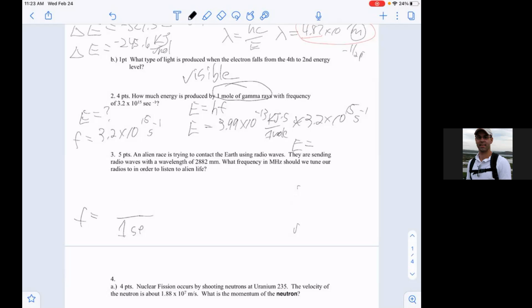Now your seconds are in your denominator. So when something is in the denominator, it's to the negative first. And yes, it is confusing, because it's like, what the heck is an inverse second? I know what seconds are, but what's an inverse second? It just means it's in the denominator. So seconds to the negative first is just per second. Exactly.